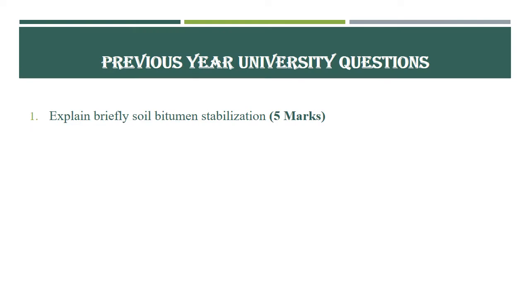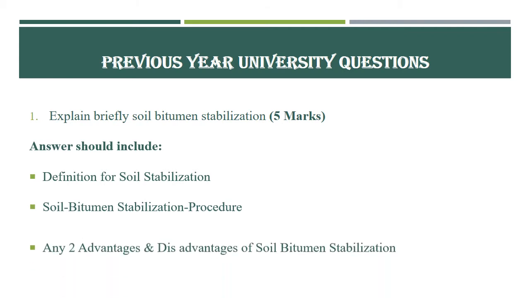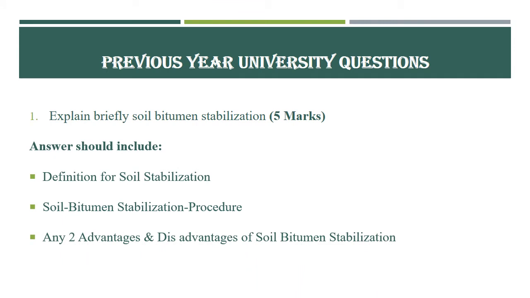First question. Explain briefly soil bitumen stabilization. It is asked for 5 marks. Your answer should include the definition for soil stabilization, soil bitumen stabilization procedure, and any 2 advantages and disadvantages of soil bitumen stabilization.